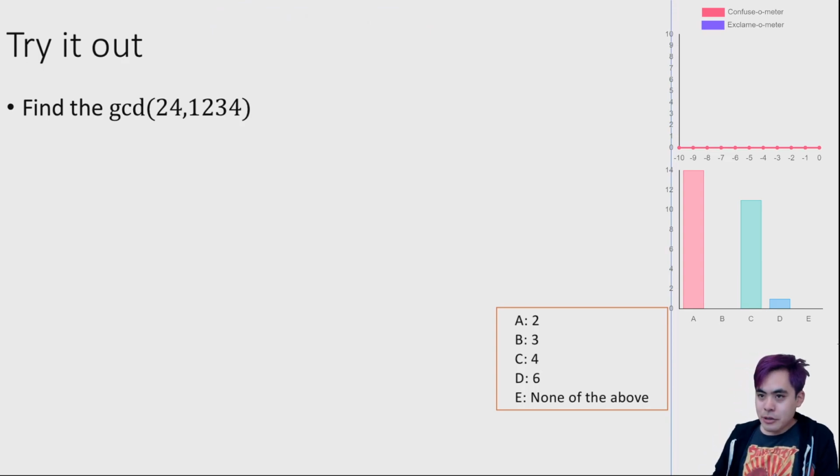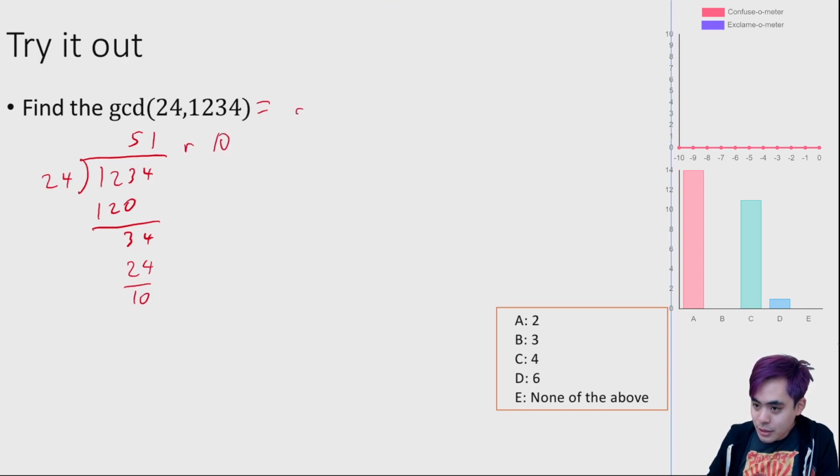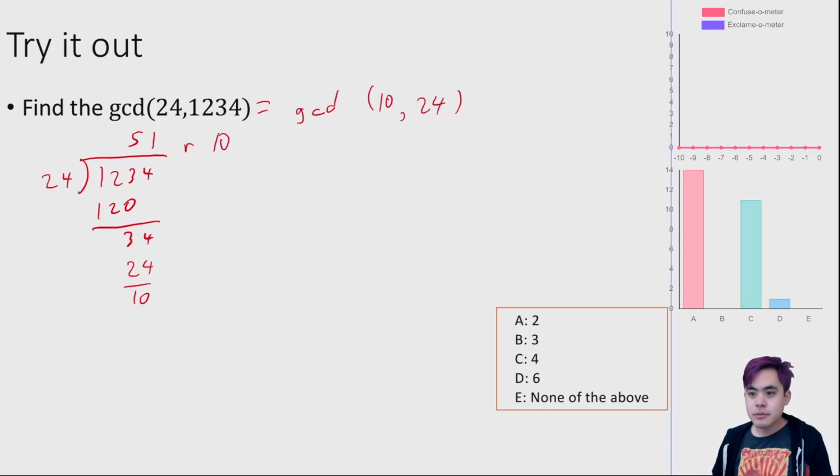Well, let's try figuring this out. So this is equal to, well, let's divide. So 1,234 divided by 24. And so that's going to be 5. So that's 120, 34, 1. So 51, 24, 10. So remainder 10. So that's equal to the greatest common divisor of 10 and 24.